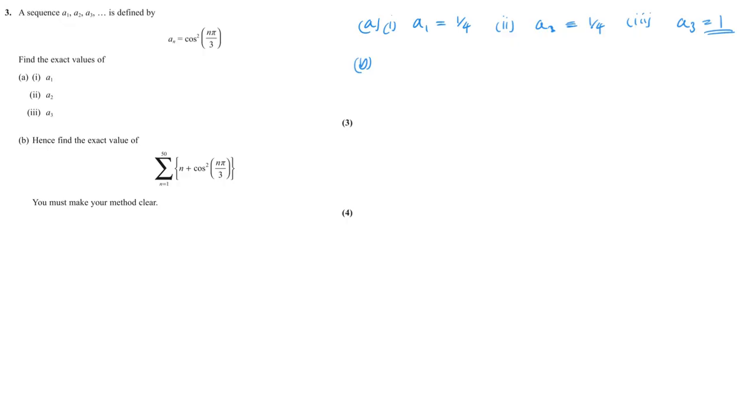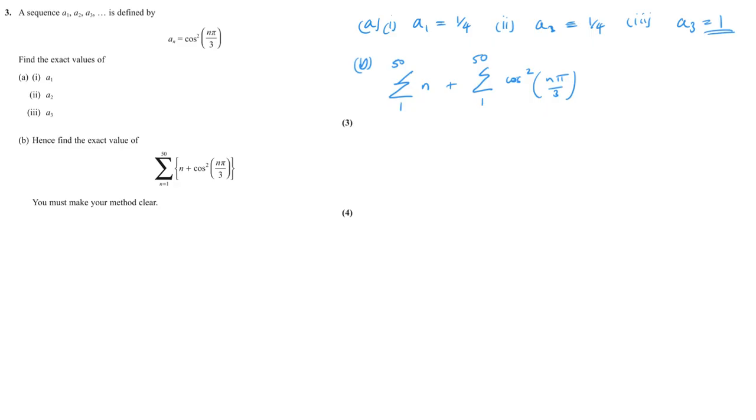Okay, part B. So we've got the sum between 50 and 1 of n plus the sum between 50 and 1 of cos squared n pi by 3.